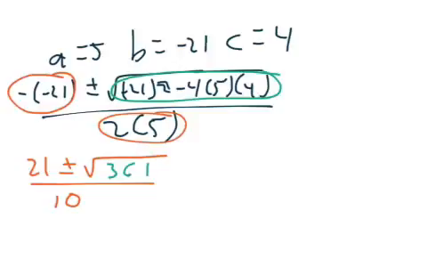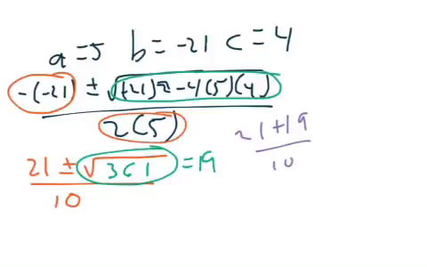Make sure you do get 361 in the radical. Now, what is the square root of 361? Well, that's 19. So notice what I have finally is 21 plus 19 divided by 10, and 21 minus 19 divided by 10. Again, I did the plus and minus there, right?